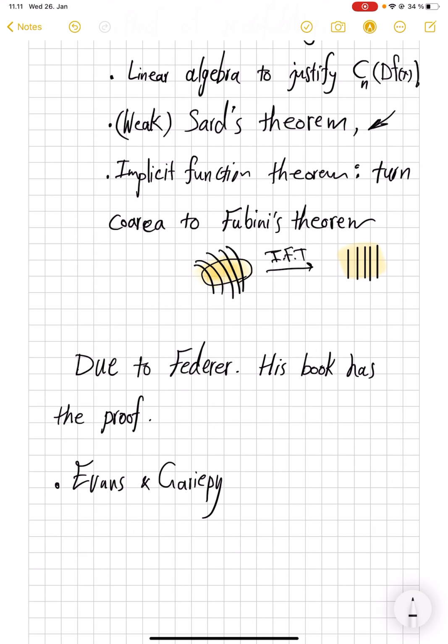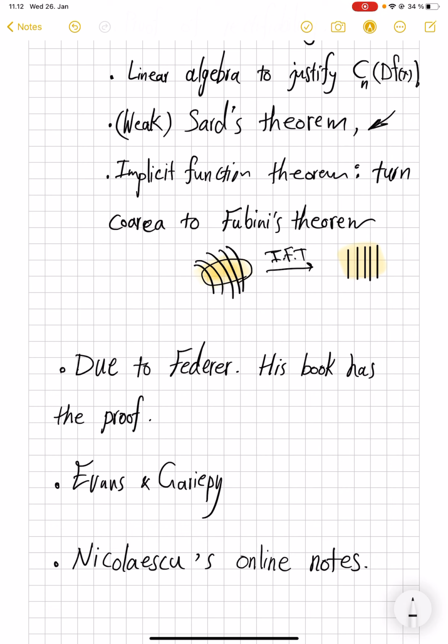And if you Google, you will find some nice notes by Nicolaescu. I hope I spell it the right way and I pronounce it the right way. And these are very beautiful notes, about 19 pages.